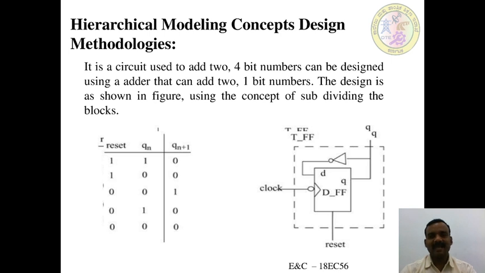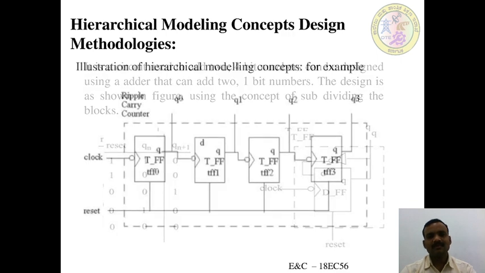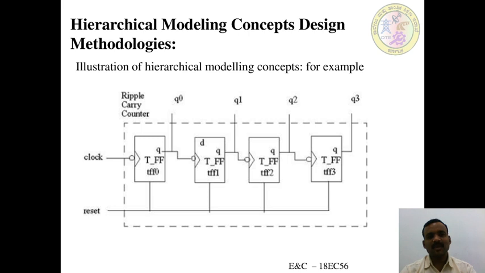If the clock is high and the reset is high, what is the condition? Depending on the clock, we get the output. If it is not high, it comes back through the inverter and is fed to the D flip flop again. Based on the conditions we get the output. The Q0 output is the input to the next T flip flop.